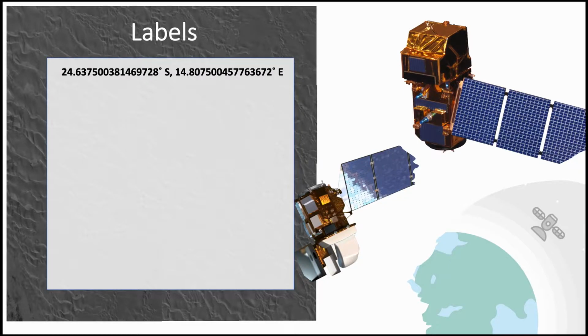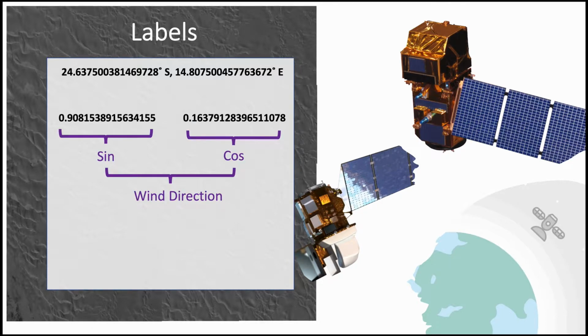Each one of the images needs to be labeled with the wind data. The first label, of course, is the position of the image, but we also have the wind direction, which is the primary data we're trying to reconstruct. A traditional way to do this is to use the sine and the cosine of the angle to encode the wind direction. Then, for completeness' sake, we also encoded the strength of the wind in meters per second.